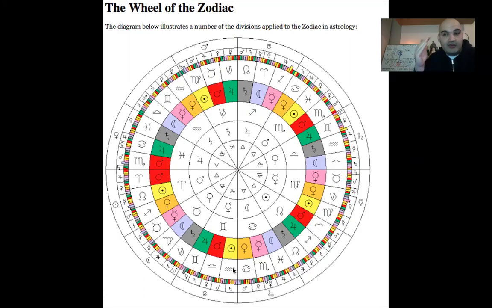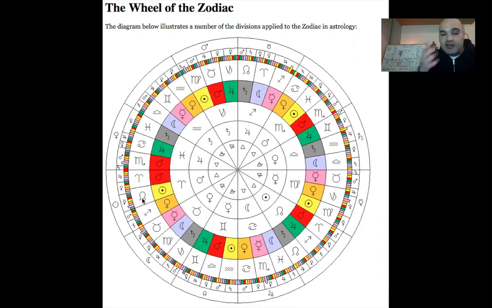One is based on the order of the planets, which is the Chaldean system, and the other is based on the elements of fire, earth, air, and water. So, for example, in Aries, in the triplicity system, someone born in the first 10 degrees of Aries will be an Aries, and their ruler would be Mars.